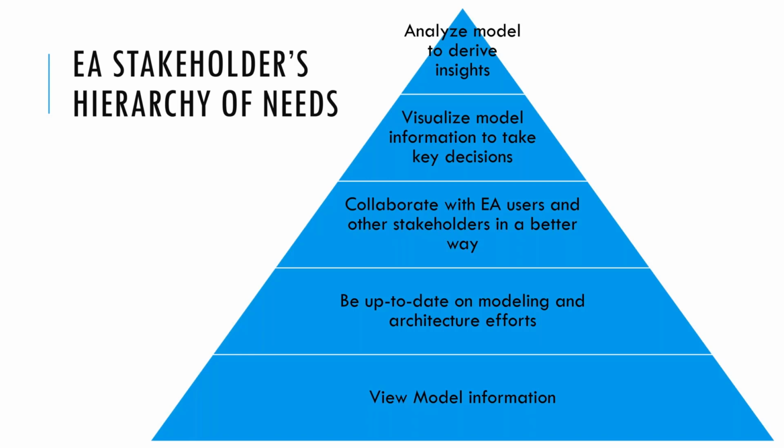For that, let's have a look at what would be the needs of an EA stakeholder. If we start from something like Maslow's hierarchy of needs, first would be: hey, there's a team, the Sparx EA users, who are modeling or architecting, and I just want to see what's going on.